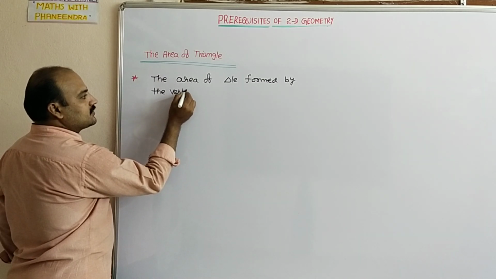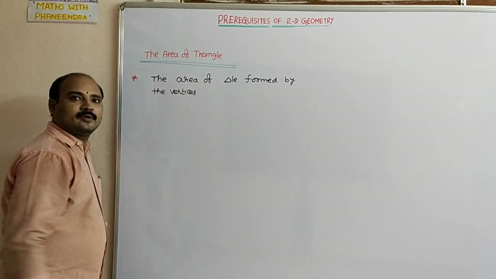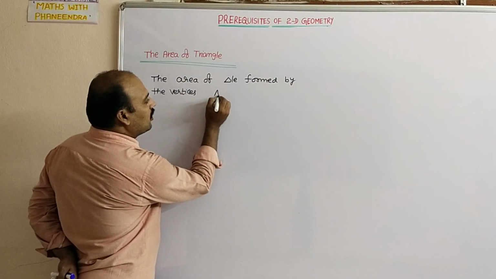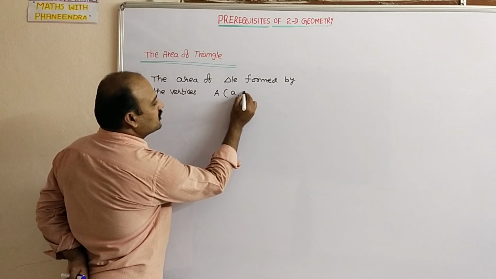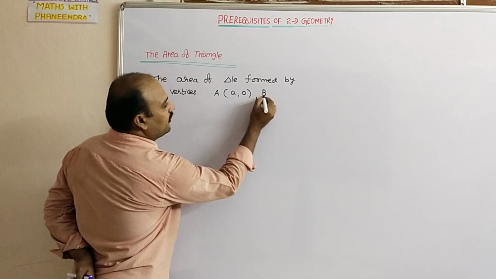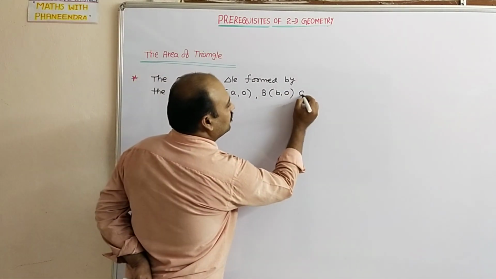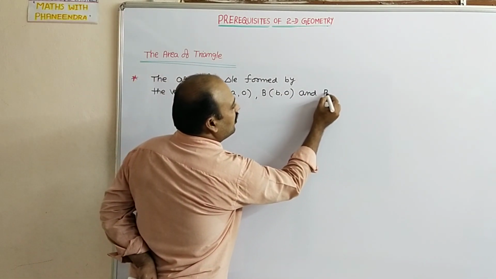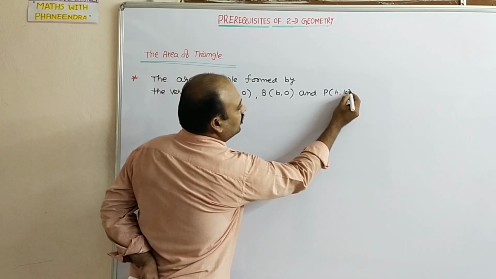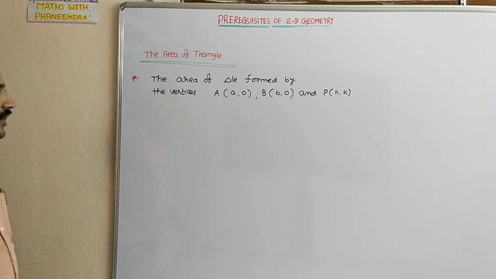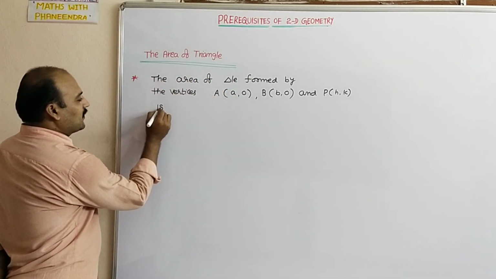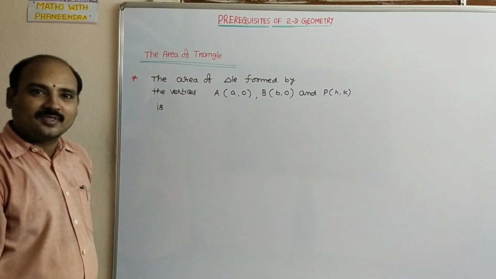These are the particular cases, dear students. The vertices are of the form A of (a, 0), B of (b, 0) and P of (h, k) is, I will explain how it will come.